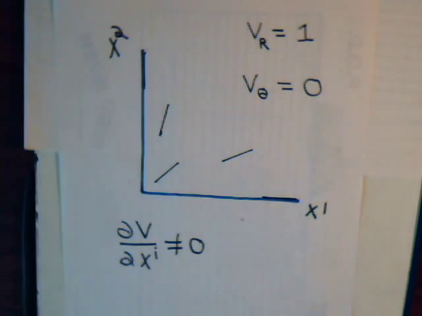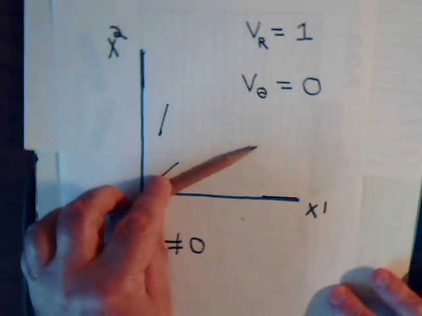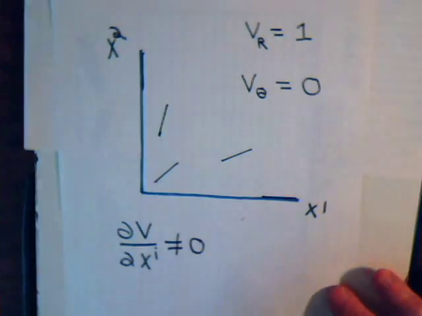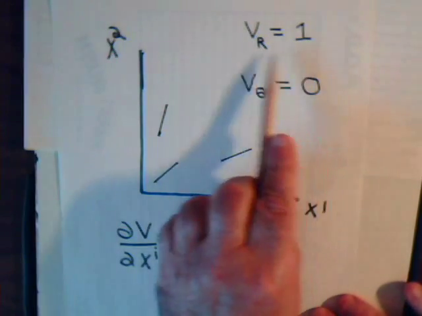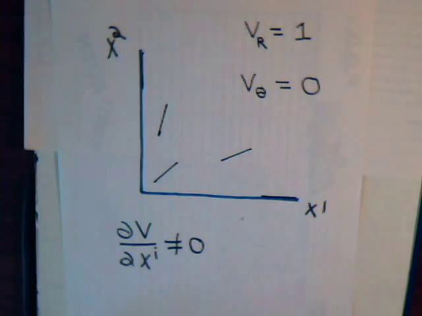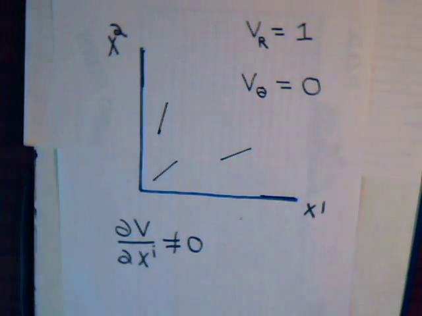So something like this. Here we have just radial components, no angular components, and they have equal length. They're unit radial vectors. So here, here, here, here. In polar coordinates, this vector field is always constant.